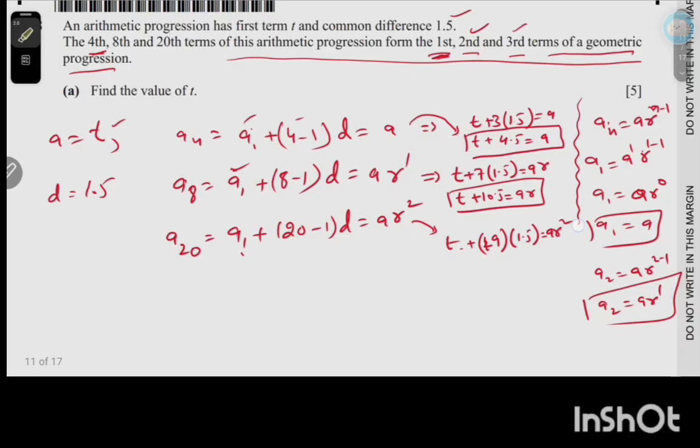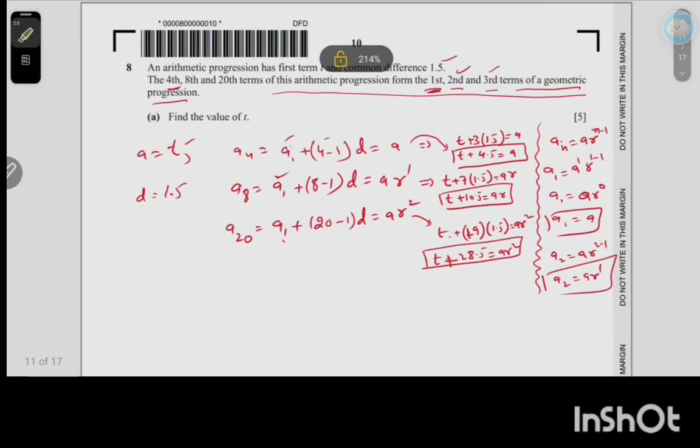Moreover, t equals t plus 28.5 equals ar square. We get this one. Now what is the ratio? We have to divide.